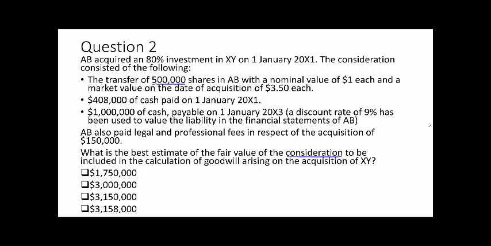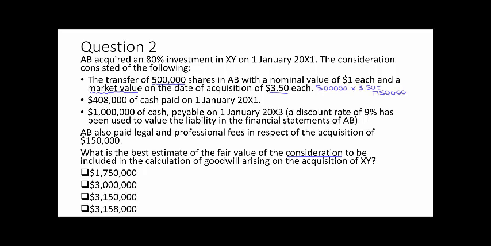They have a nominal value of $1 each, but instead of using that nominal value, what we're interested in is fair value, normally taken from market value on the date of acquisition, which here was $3.50. So our 500,000 shares at a value of $3.50 each would give us consideration from this part of 1.75 million.